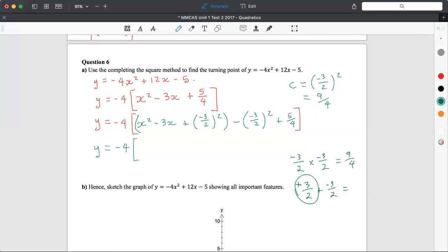Negative 3 on 2 is just negative 1.5, and if I add negative 1.5 to that, I'm going to get negative 3. So as we factorize it, this whole part is going to be x minus 3 on 2 all squared.